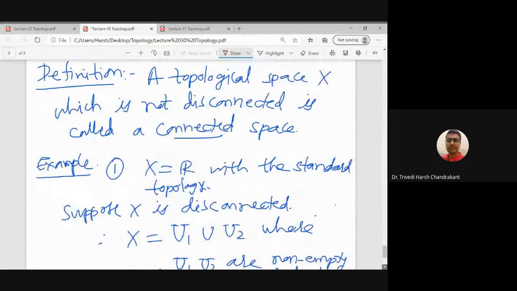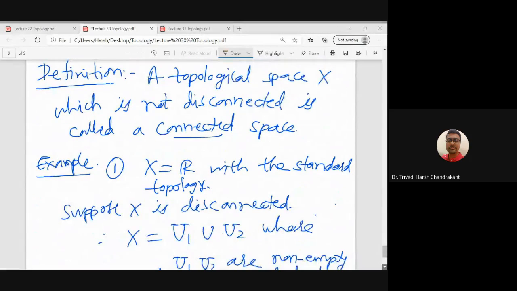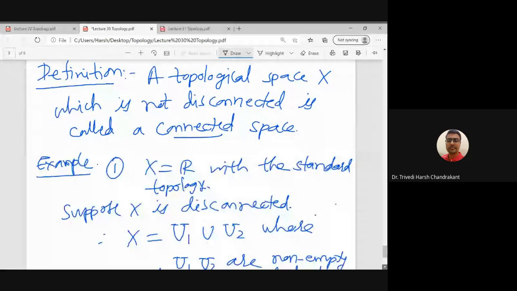We know from real analysis, with the standard topology on R, meaning the open sets we have in real analysis, that with respect to those open sets, a proper nonempty subset of the real line cannot be open as well as closed, because if the set is open, its complement is a closed set, and that closed set cannot be an open set also. So that is basically the idea why R is a connected space. It cannot be disconnected.